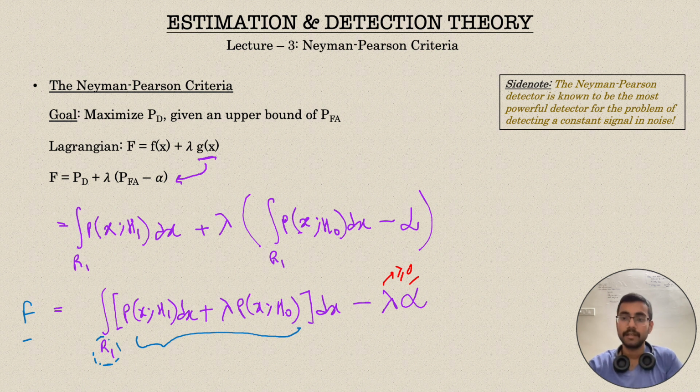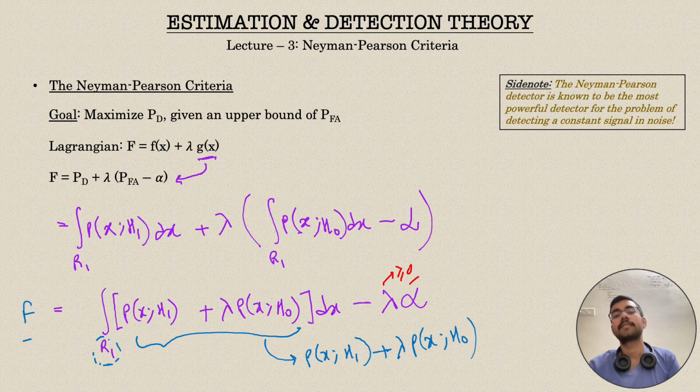Now to set a criteria for optimization, we assume that this particular value can either be positive or negative. When this entire value, P of x under h1, let's not put dx here, I'm sorry, this mistakenly got in, plus lambda times P of x under the hypothesis h0, this particular expression, if it is greater than 0, then let's assign it to R1.